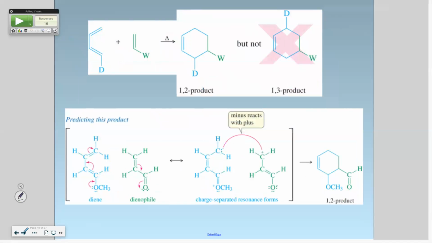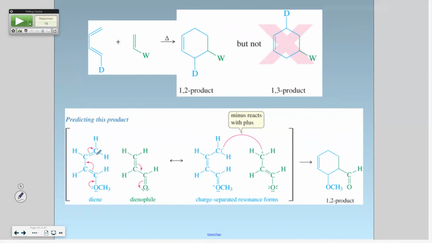Okay, so here is another one where they have the donating group down here. Notice that instead of off one of the carbons in the middle, you can keep going on the resonance all the way to this carbon right here.